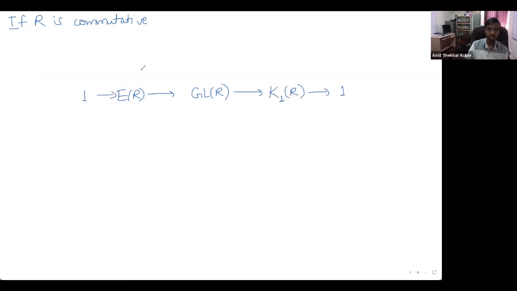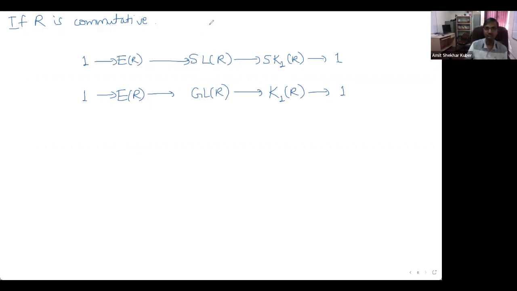At the top, we also know something about SLR. ER is also a subgroup of SLR, because all the elementary matrices which we have chosen have determinant 1. So we can define the corresponding quotient as SK1R. This SK1R is going to be our analog of the reduced K0. You will see in what sense in a minute.